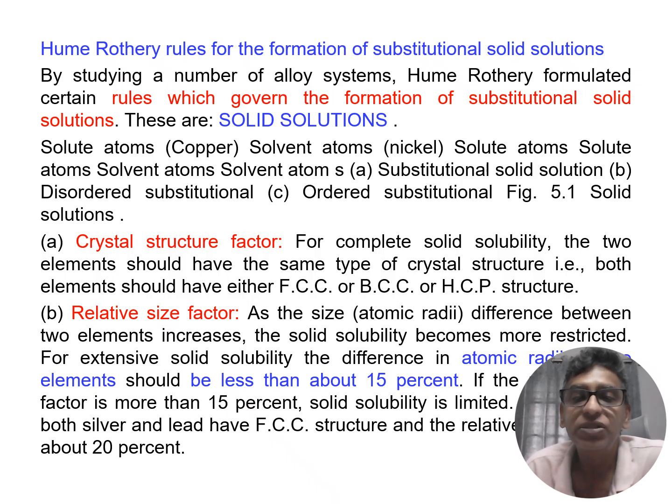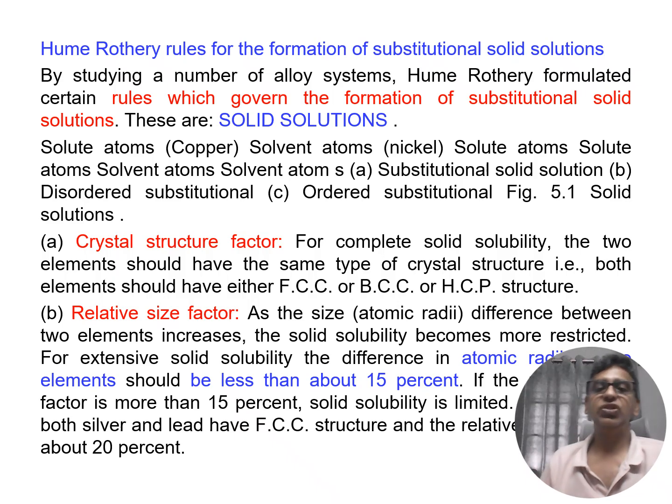Take the crystal structure factor: for complete solubility, the two elements should have the same type of crystal structure. Both elements should have either face-centered cubic, body-centered cubic, or hexagonal close-packed structure.